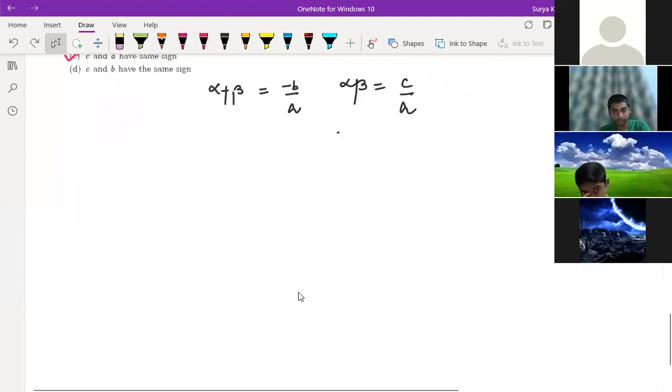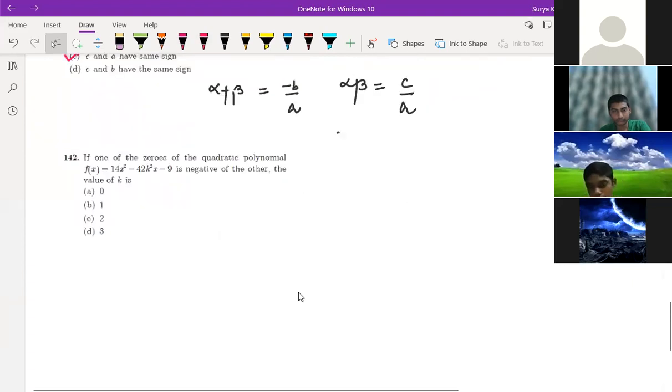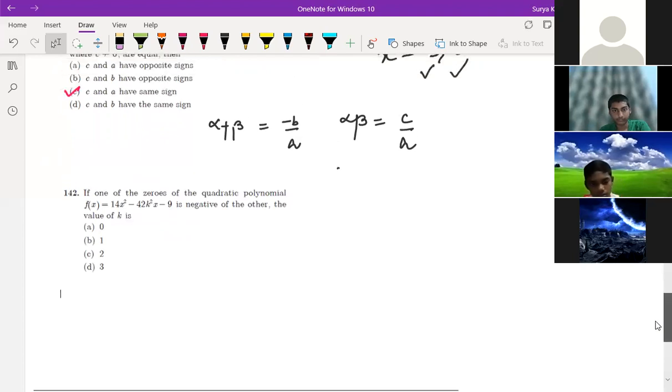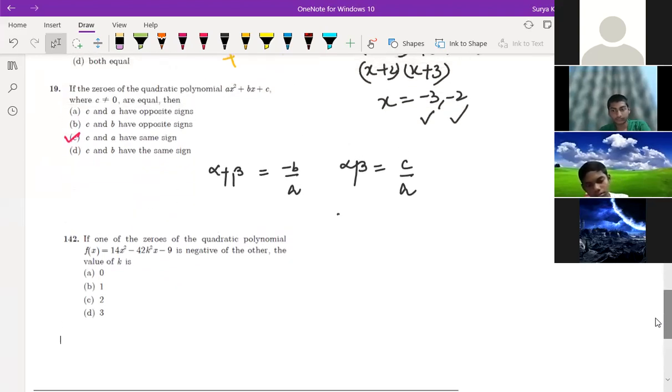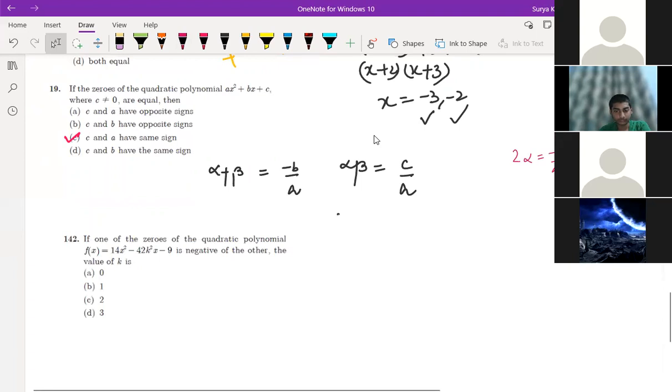If zeros are equal, then alpha plus beta means only alpha is 2 alpha, equal to minus b by a, and alpha square is equal to c by a. This we want in this way.